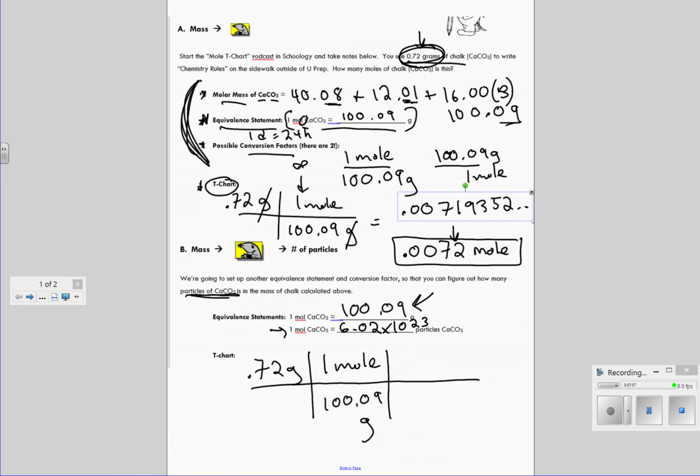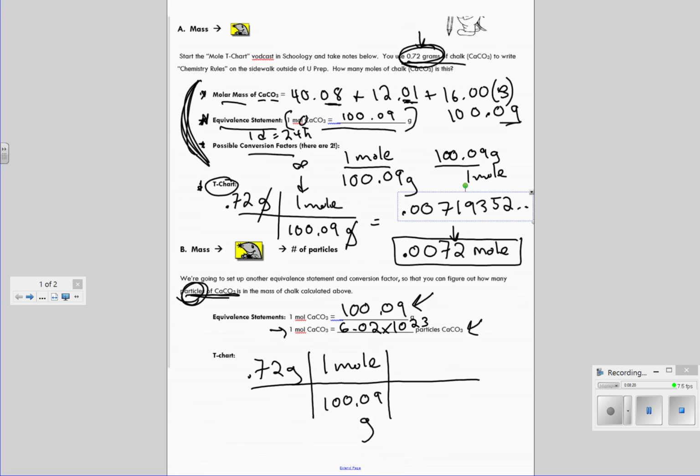Now the very last piece is we want to get into particles. So let's look at this statement down here. We have particles on one side, mole on the other, and we need to choose which one's going to go where. It's going to be 1 mole on the top and 6.02 times 10 to the 23rd particles on the bottom, or the reverse.